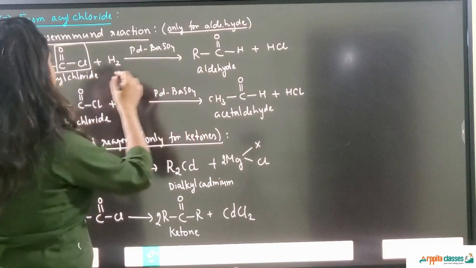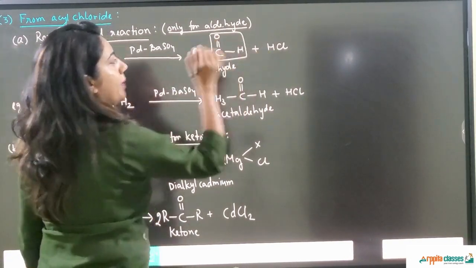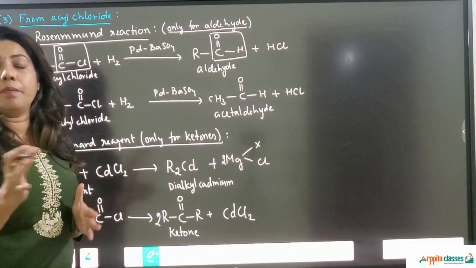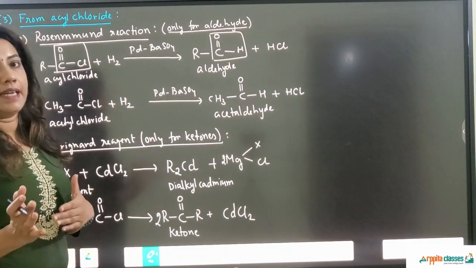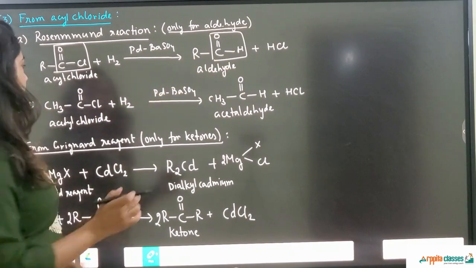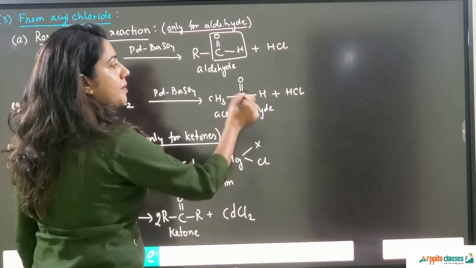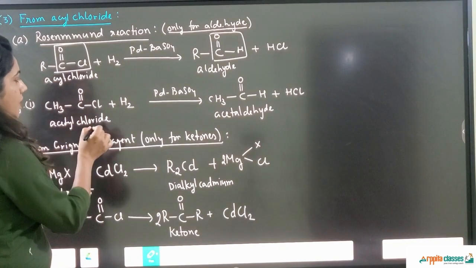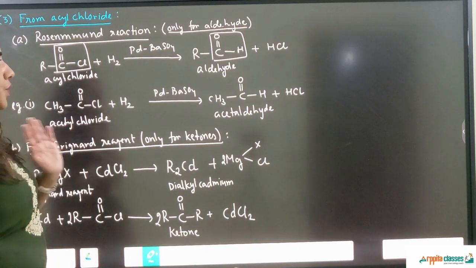We are getting aldehyde. The COCl will convert into CHO group with the liberation of HCl. Very important, whenever you see hydrogen and Pd/BaSO4, you understand it is the Rosenmund reaction and it is a preparation of aldehyde. Whatever number of carbon atoms you have here, the same number of carbon atoms in the aldehyde you are going to get in the product. So here we are using acetyl chloride and it is converted into acetaldehyde. So this is your Rosenmund reaction.